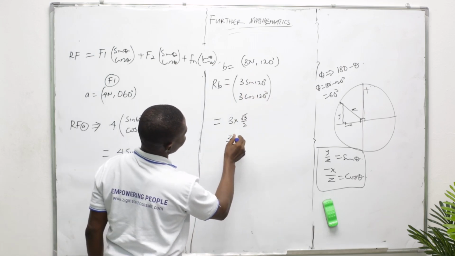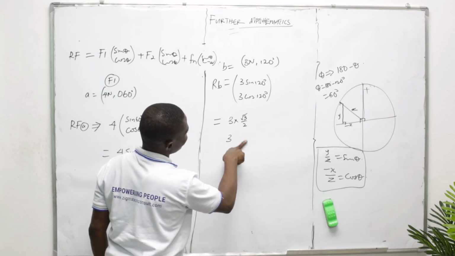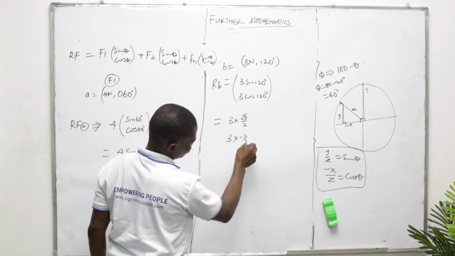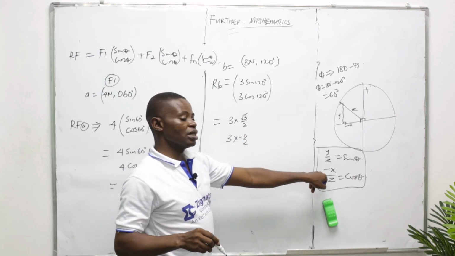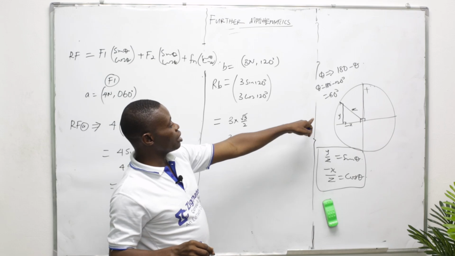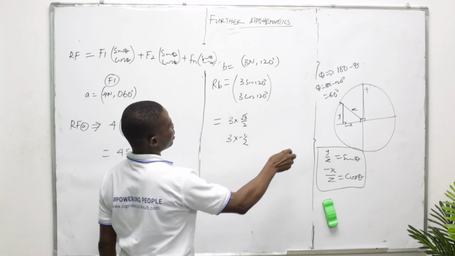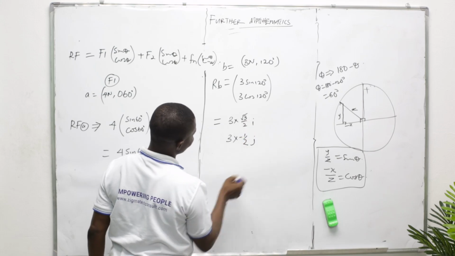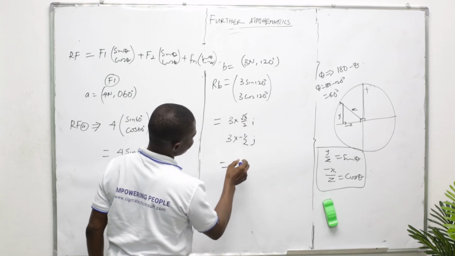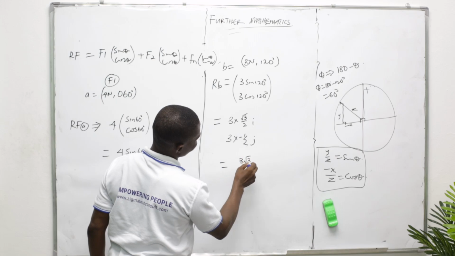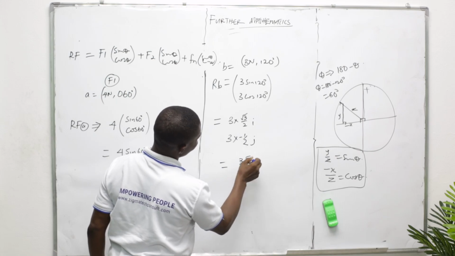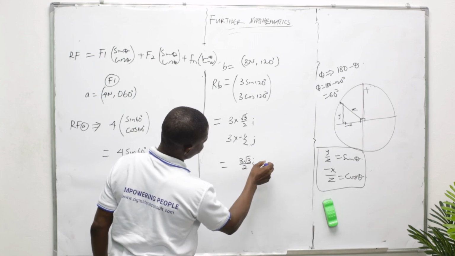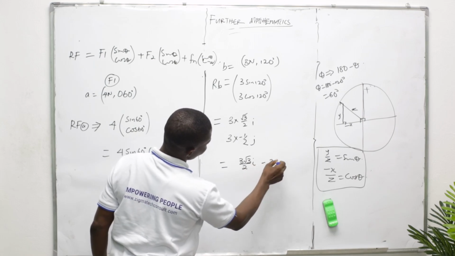So 3 cos 120 means 3 times minus 1 all over 2. Reason: cos theta is minus in the second quadrant, while sine theta is positive. So to create our answer, this is I, this is J. This will give us 3 root 3 all over 2 I, then minus 3 all over 2 J.